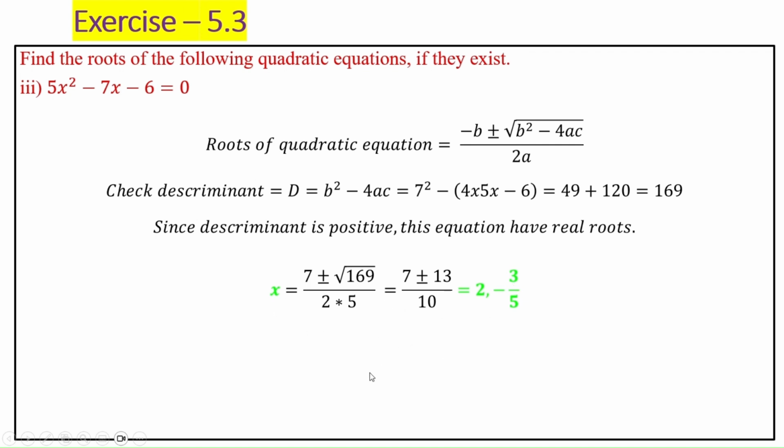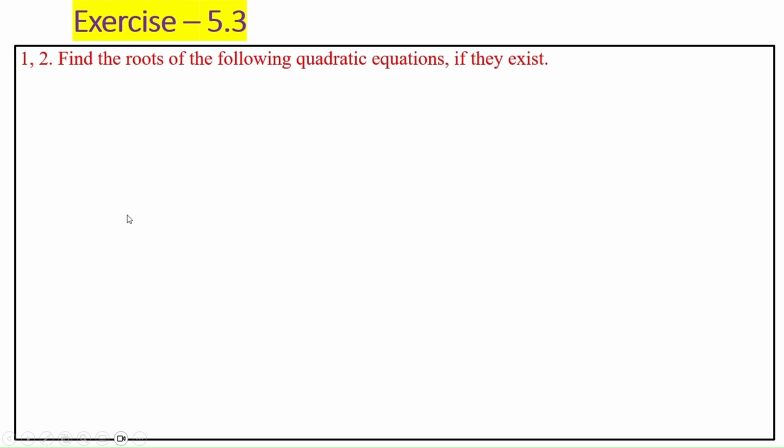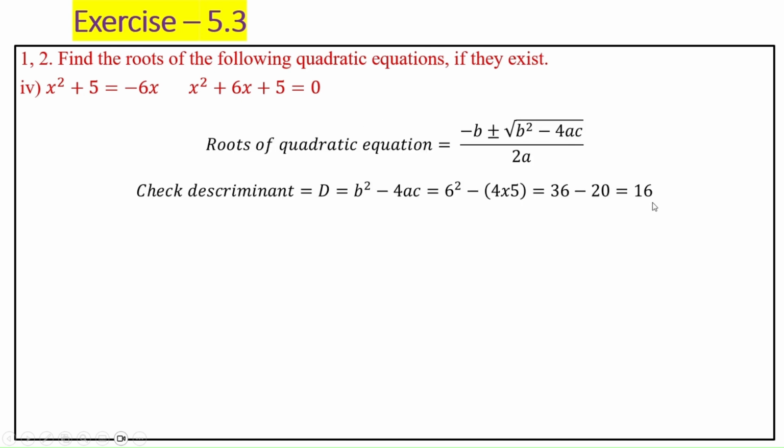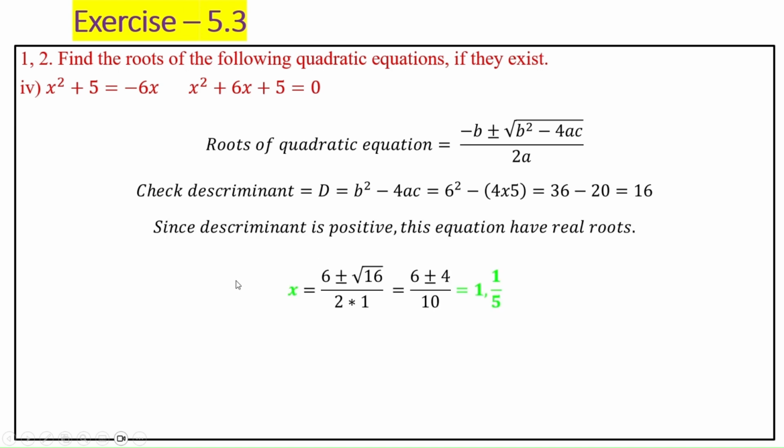Next, x square plus 5 equal to minus 6x, which you can rewrite as x square plus 6x plus 5 equal to 0. The discriminant is 16, so roots exist, and the roots are minus 1 and minus 5.